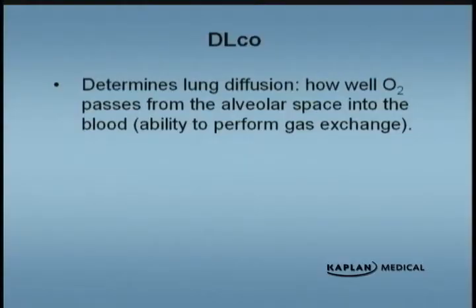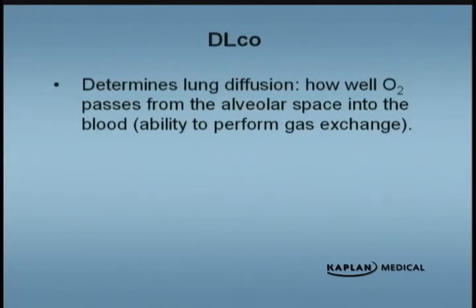Is there anything wrong with gas exchange? This test is called the diffusing lung capacity of carbon monoxide, because you're using a little bit of carbon monoxide to see if there's anything wrong with diffusion across the alveolar membrane. This is also referred to as the DLCO.